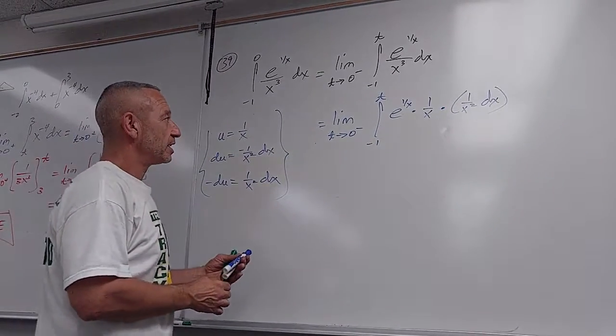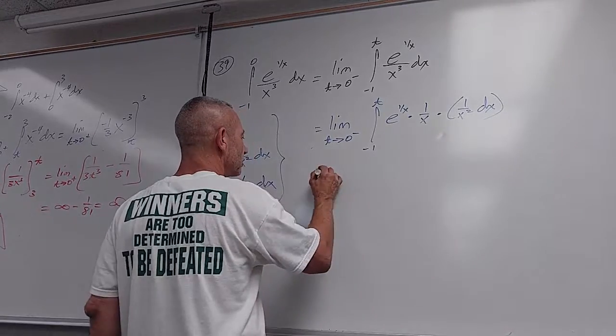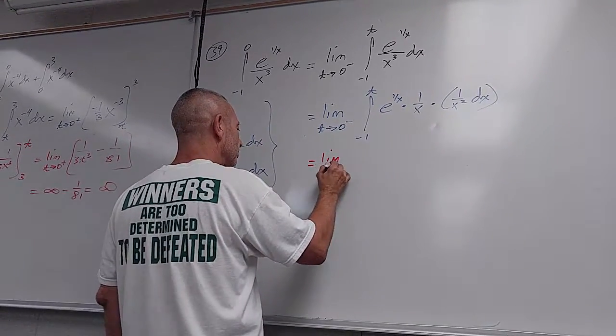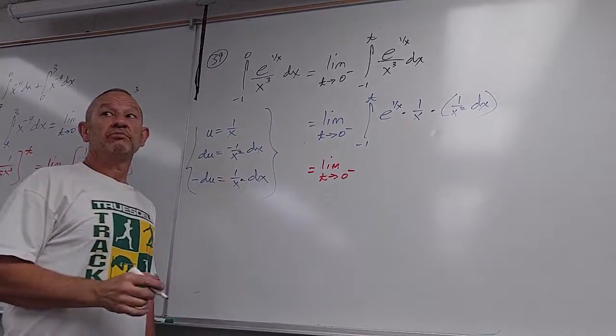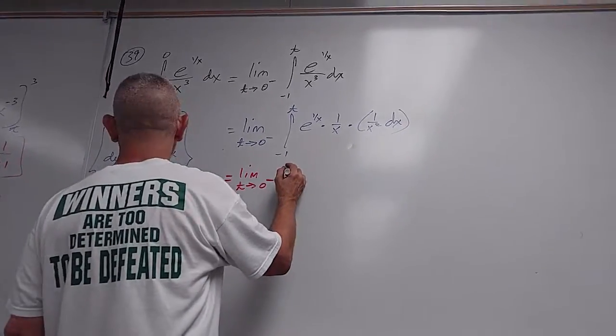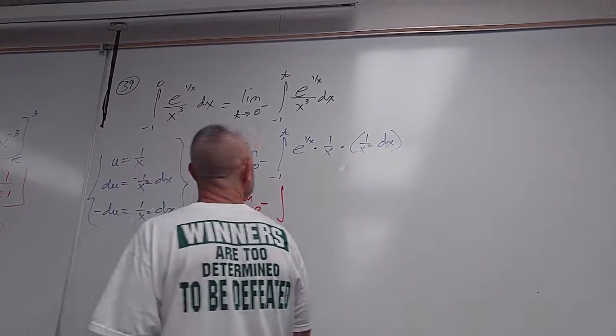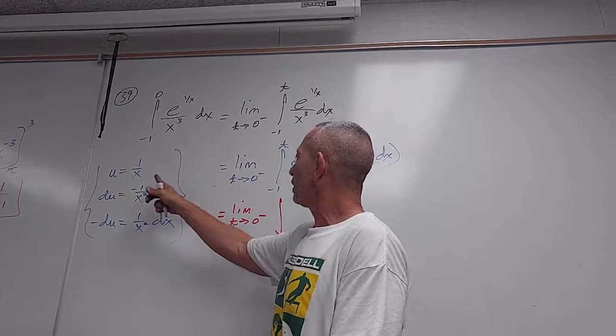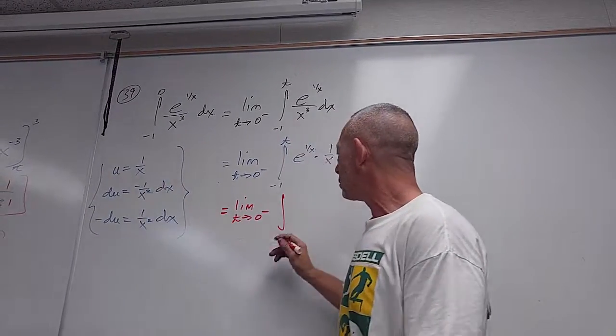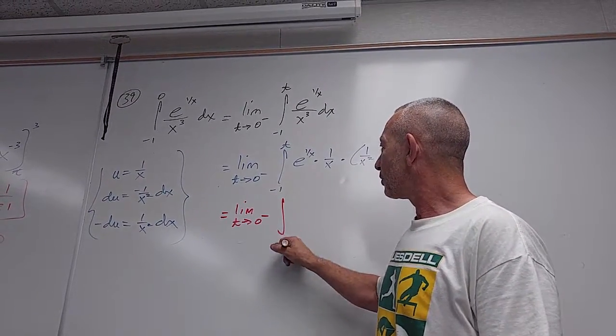So limit as t goes to 0 from the left, integral minus, I'm doing a substitution now, aren't I? So when x is minus 1, then u is minus 1.